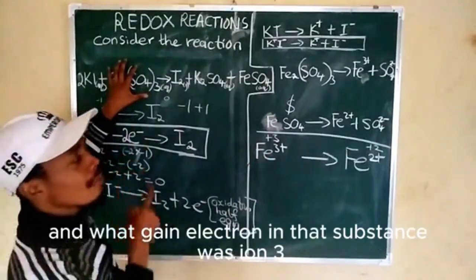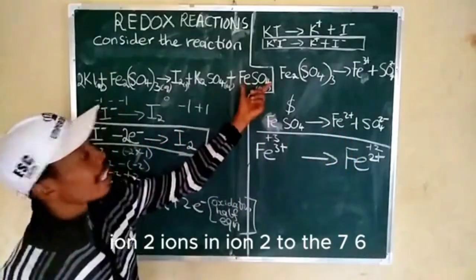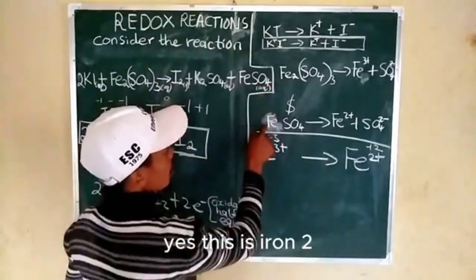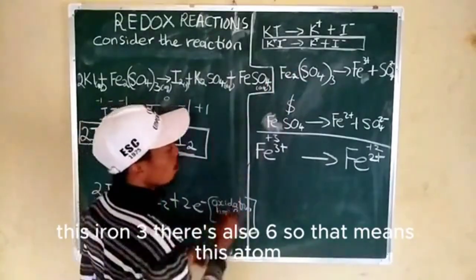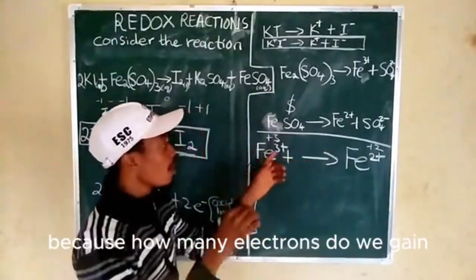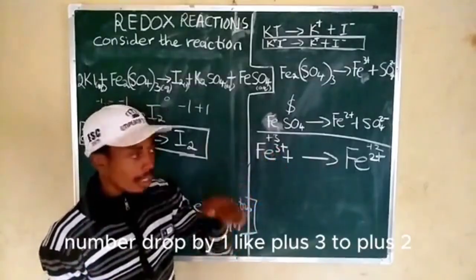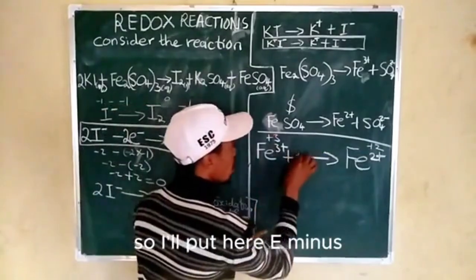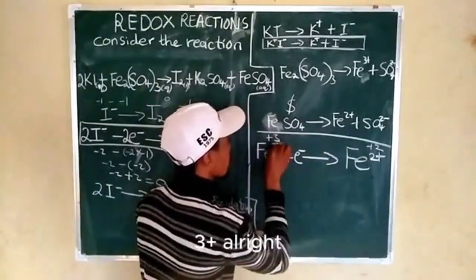What gained electron in that substance was iron 3 ions, which gained electrons and became iron 2 ions in iron 2 sulfate. This is iron 2 sulfate. This is iron 3 sulfate. So how many electrons did it gain? The oxidation number dropped by 1, like +3 to +2. That means it gained 1 electron. So I'll put here e minus, Fe3 plus.